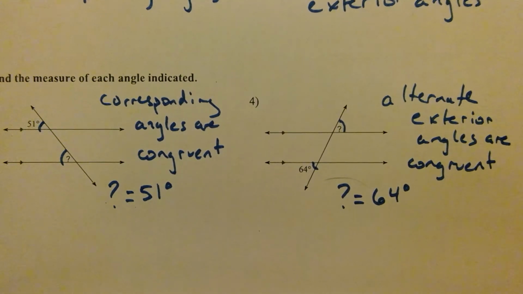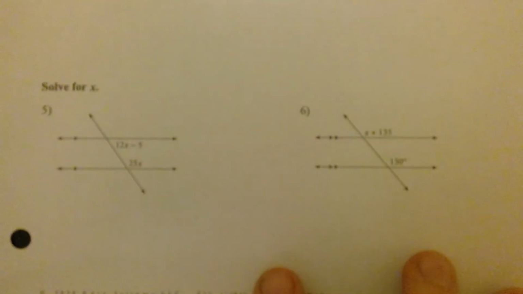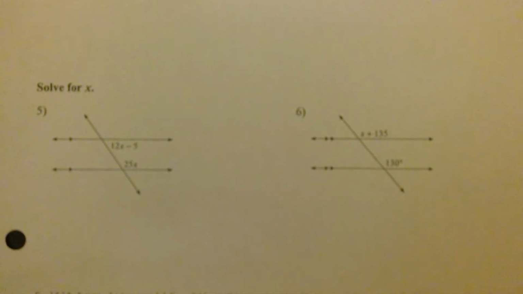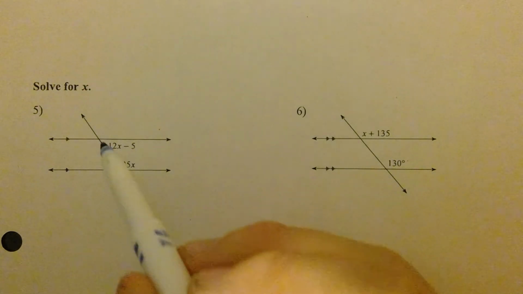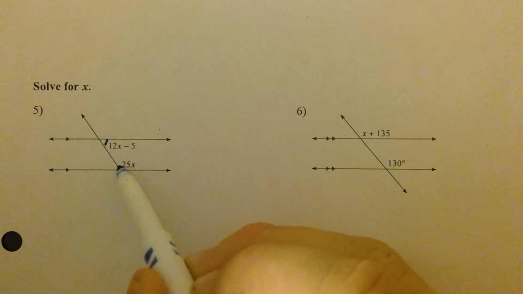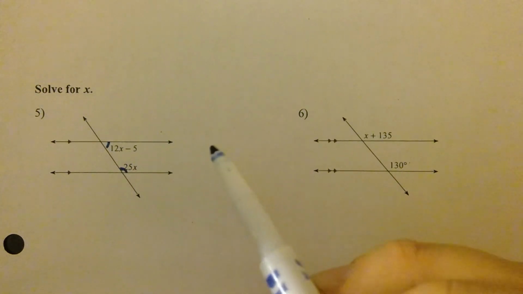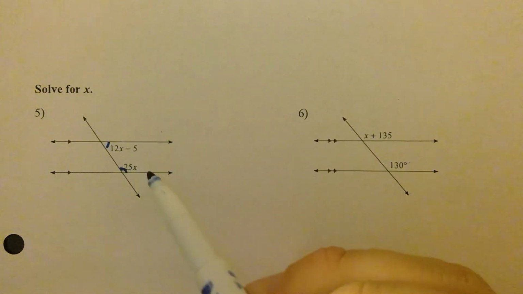All right. Now let's move on to our last section here, where we have some expressions as our angle measures. Now is that going to focus for us? There we go. So we've got some expressions for our angle measures here, so we're going to have to solve for x. So number 5, if I'm looking at these types of angles, they're both inside the parallel lines, so interior, and also they're both on the right side of the transversal.